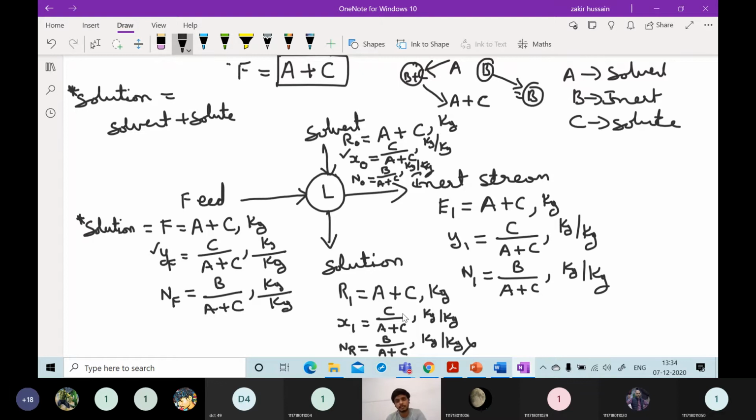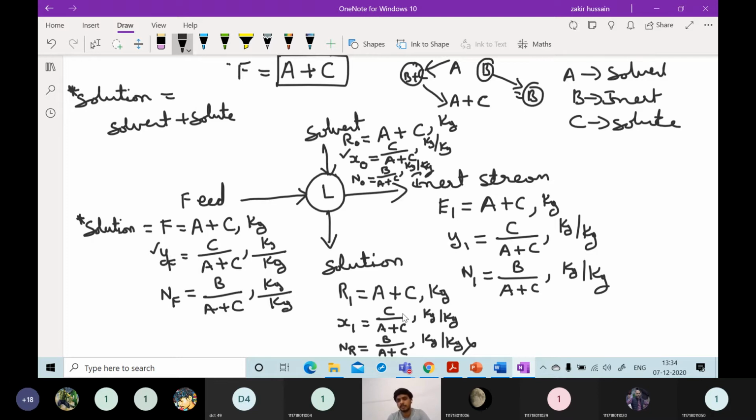Okay, this notation scheme, if you are clear, anybody having doubt, please ask me now itself, because once we get into the derivation and problem, I will directly use this notation scheme without saying this F is equal to A plus C or YF is equal to C by A plus C. This you have to remember. Conceptually, if you understand that B we have to omit in every notation scheme, then this will be very, very, very easy.